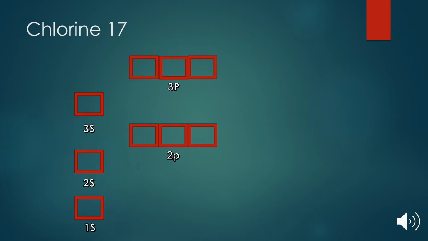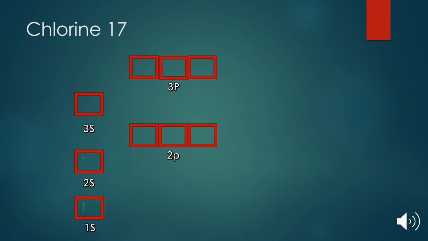Alright, so now I need you to go ahead and give me the electron configuration diagram box for chlorine. I'm going to give you about 30 seconds for that as well. Alright, so we have 17 electrons that we get to fill in, so let's fill in the positive ones first.